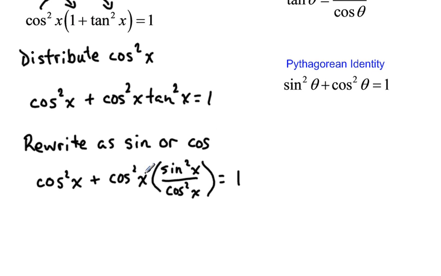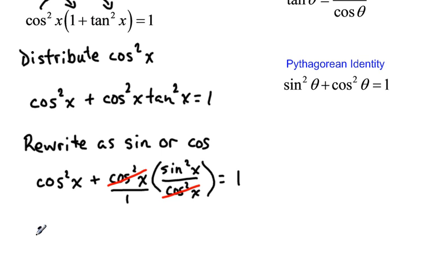Now, this cosine squared here on the outside of the parentheses, we can rewrite it as a fraction, and we can rewrite any whole number as a fraction by putting it over 1. If you notice, there's a cosine squared in the numerator and a cosine squared in the denominator. Therefore, they cancel each other out, divide out, and become 1.